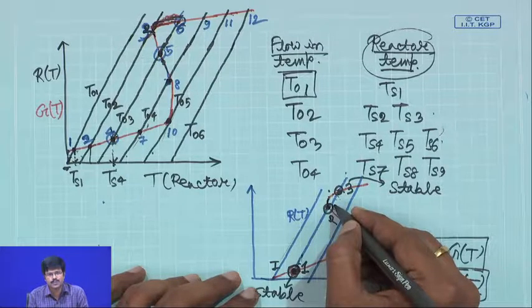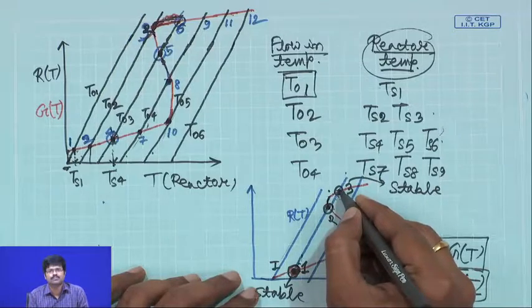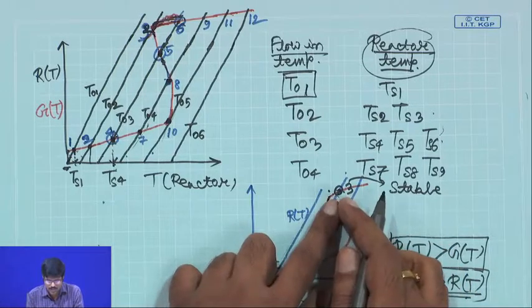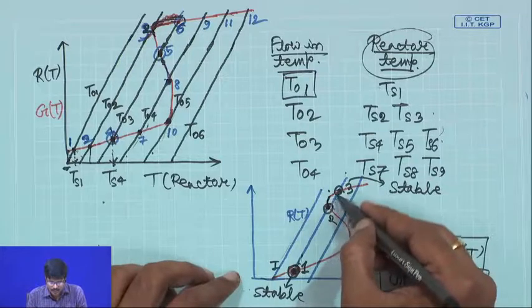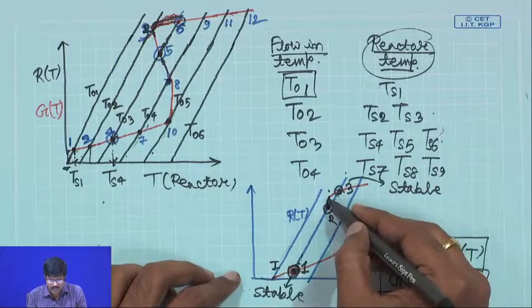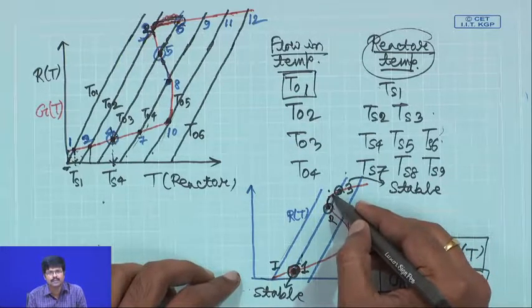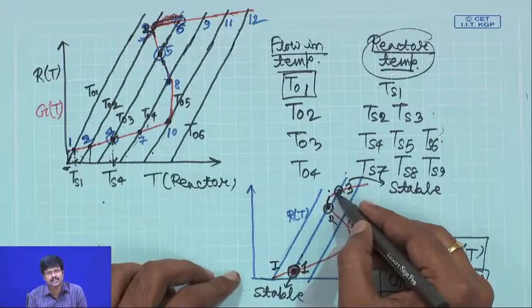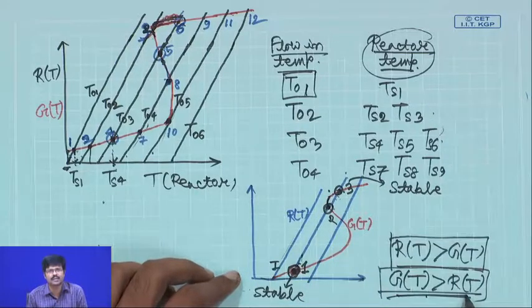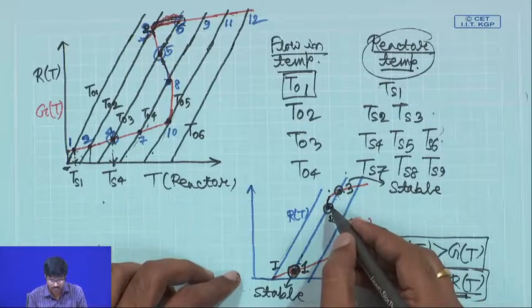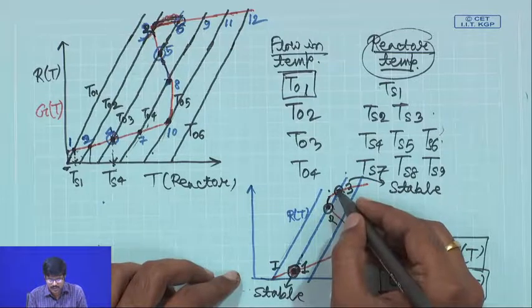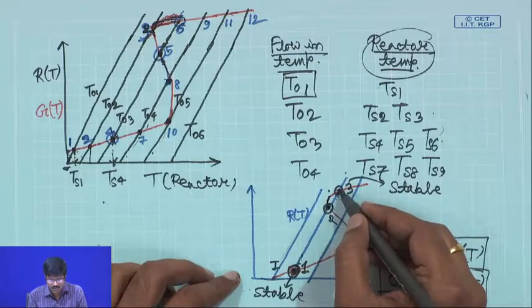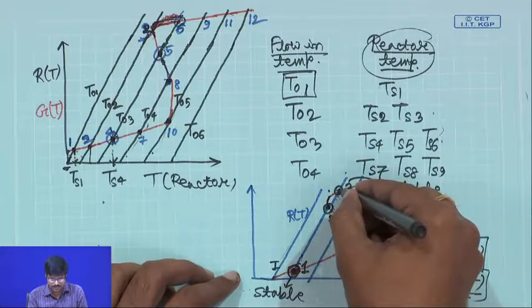The reactor will spontaneously heat up further and it will go to this point, because once you have come to this position, your blue curve is lower than the red curve. So if you heat up, the reactor will heat up further, because the rate of heat generation is higher, GT is higher than RT. So it will spontaneously heat up and come to this particular point.